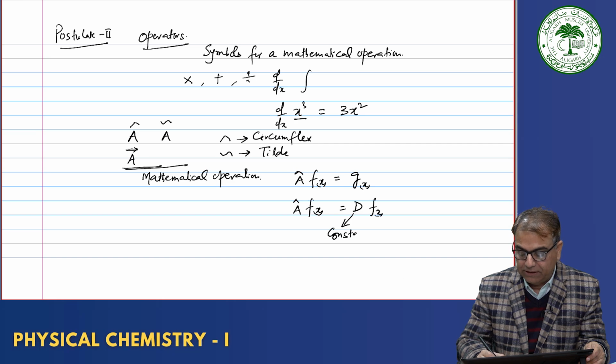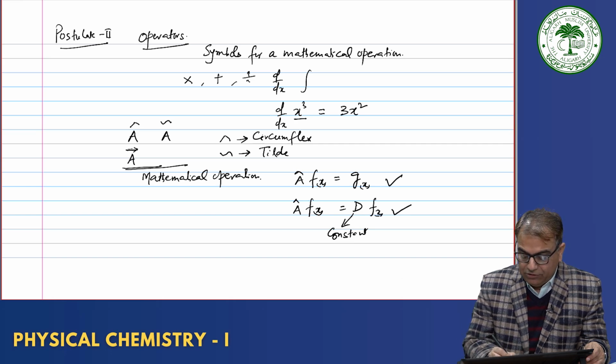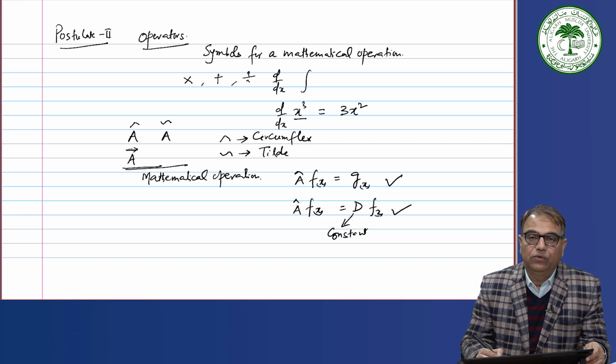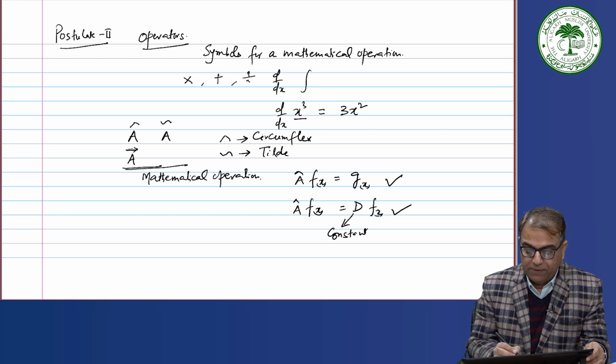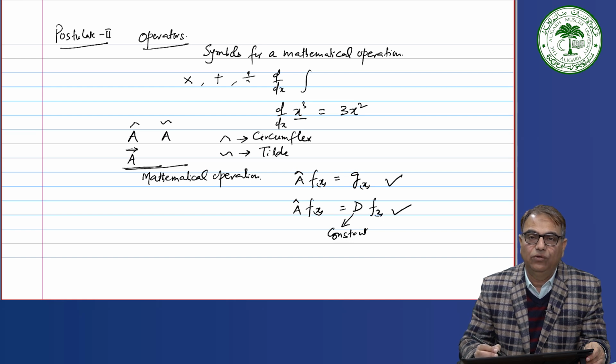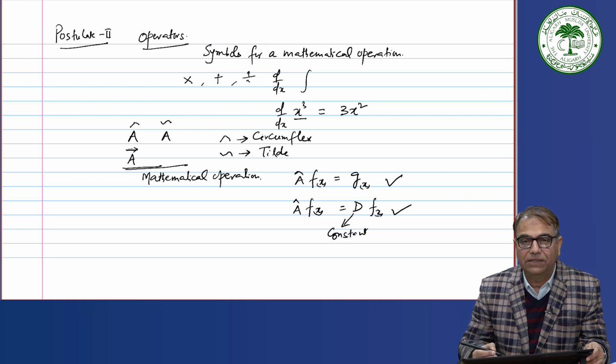Both possibilities exist in quantum mechanics. So either you get this one or you get this one. We will talk about the difference between the two later on, but for the time being, these operators operate on a function and give you a new function, or you get the same function back multiplied by a constant.